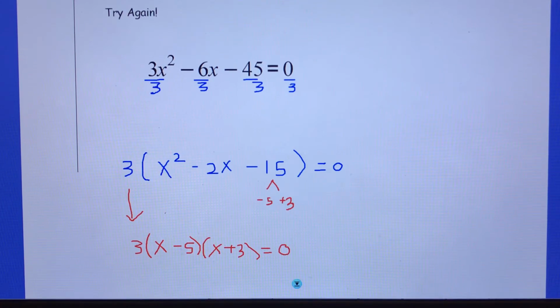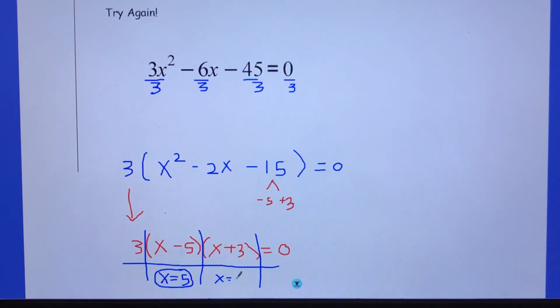And again, if we have to find the solutions, don't do anything to this 3, it's just there. This is going to be x equals positive 5, and right here it's going to be x equals negative 3. Those are my 2 solutions.